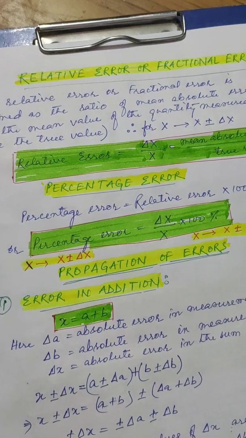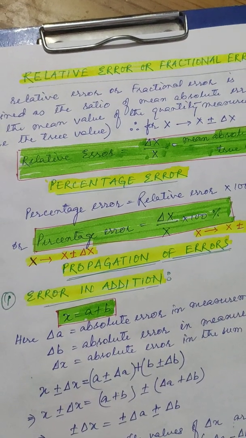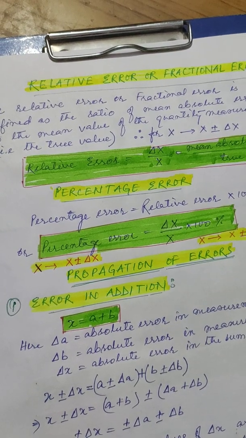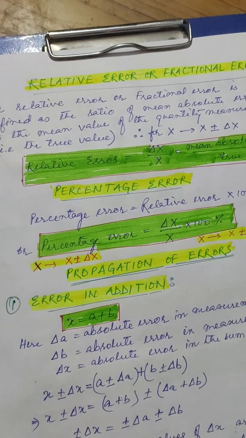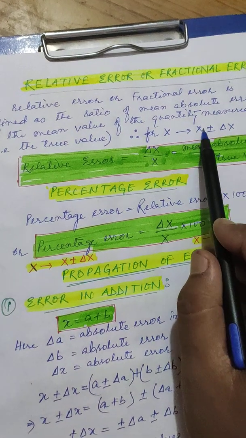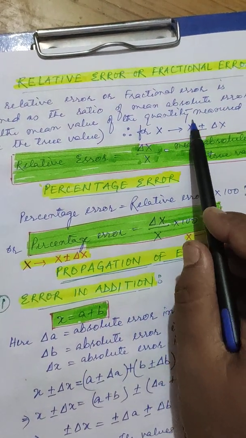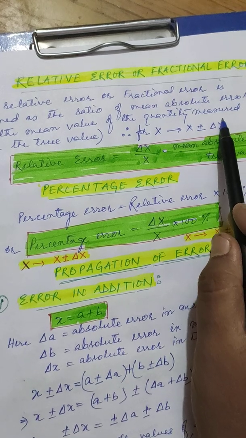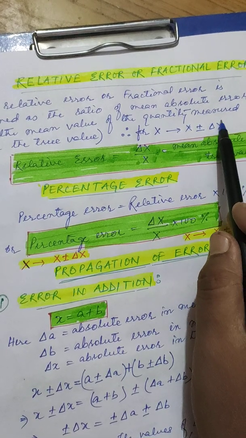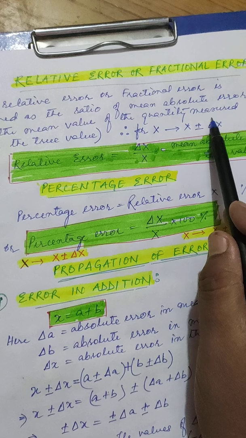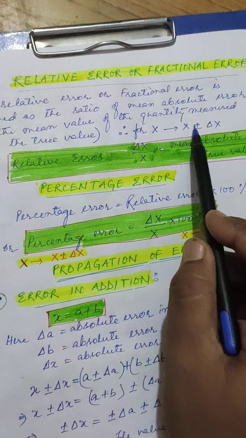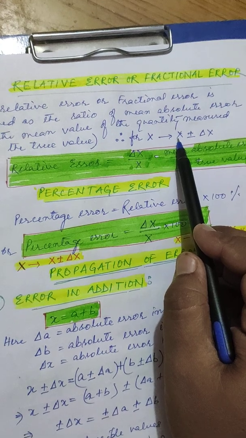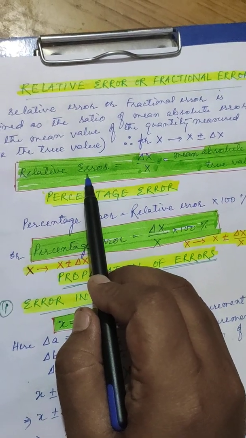The meaning of relative error or fractional error is that whenever we measure a quantity and we represent it in terms of the mean or the true value plus minus the error, then the ratio of the error, that is mean absolute error, to that of the true value, that is delta x upon x, will give you the relative error.